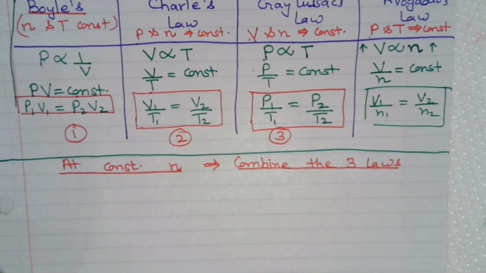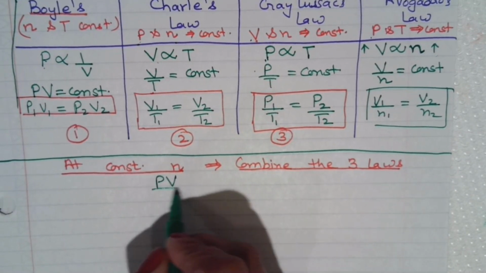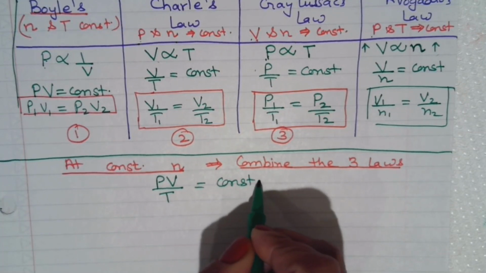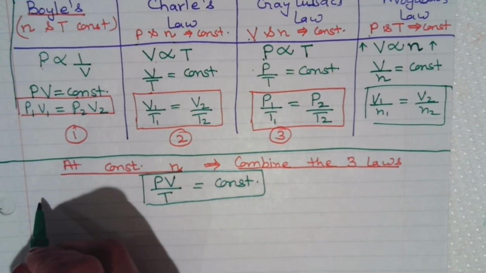Since all 3 are constants, I can write PV over T is also a constant. From 1, 2, and 3, we can derive that.